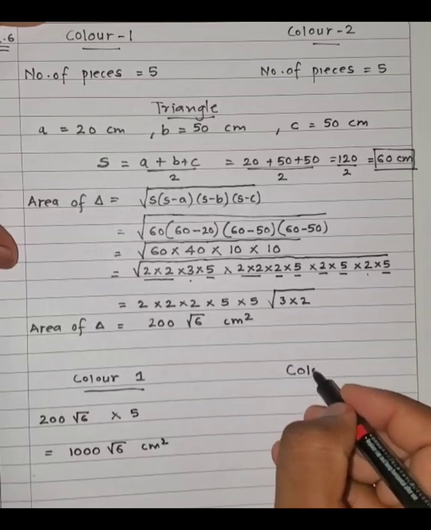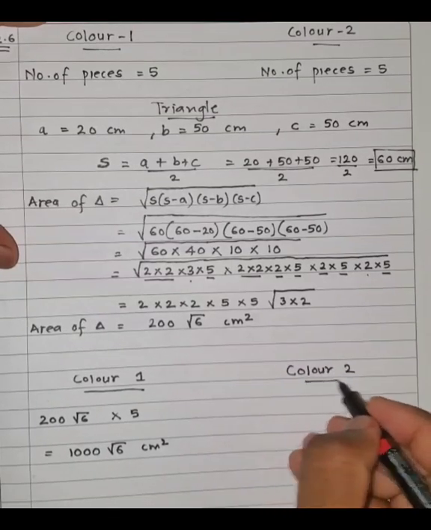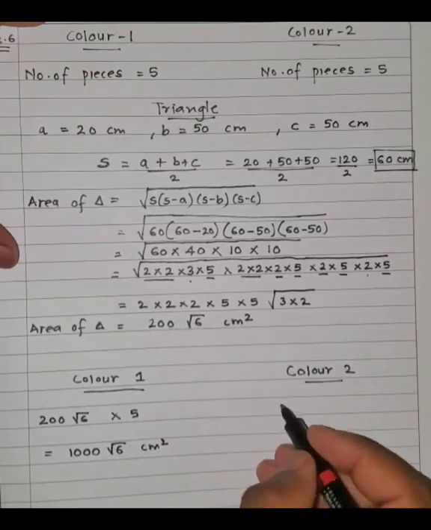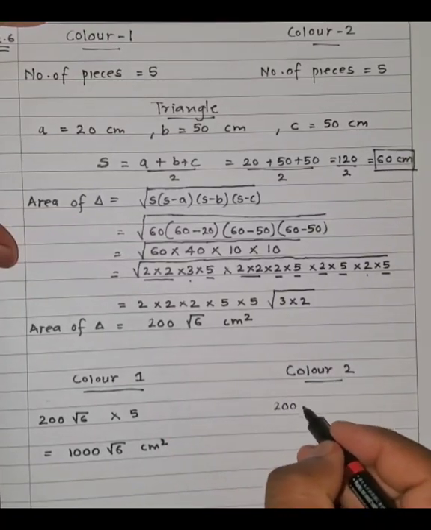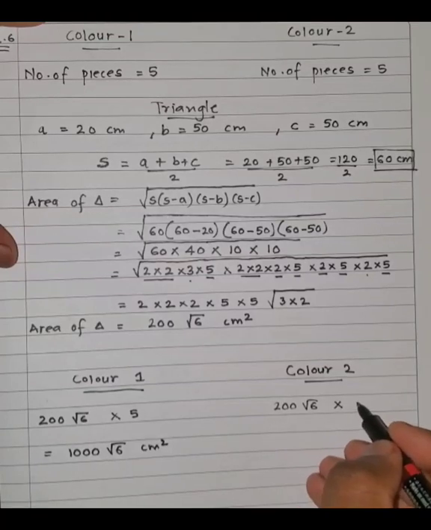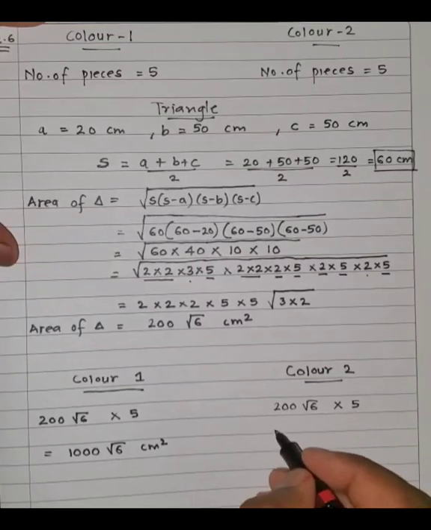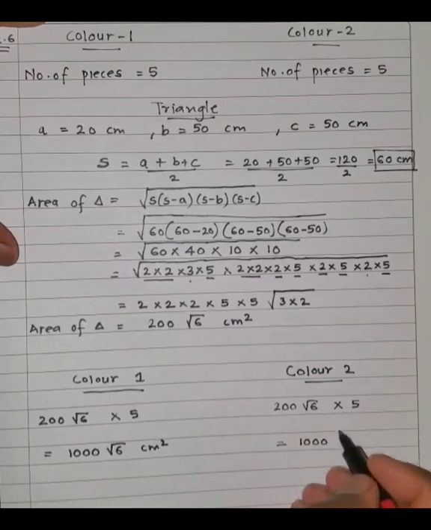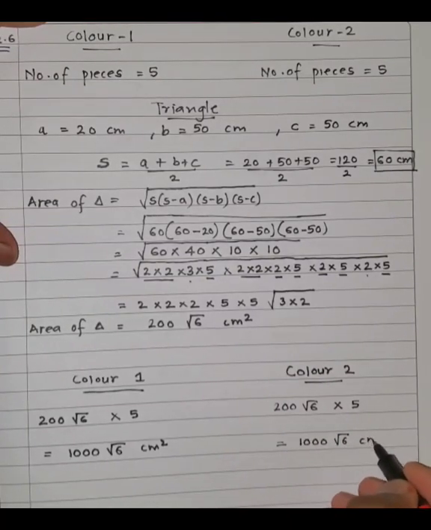Same for color 2, the second color. How many pieces are there? 5. What is the area of one triangle? 200 root 6. So 5 pieces in total, so into 5. The answer is again 200 into 5 is 1000, and the root 6 remains as it is.